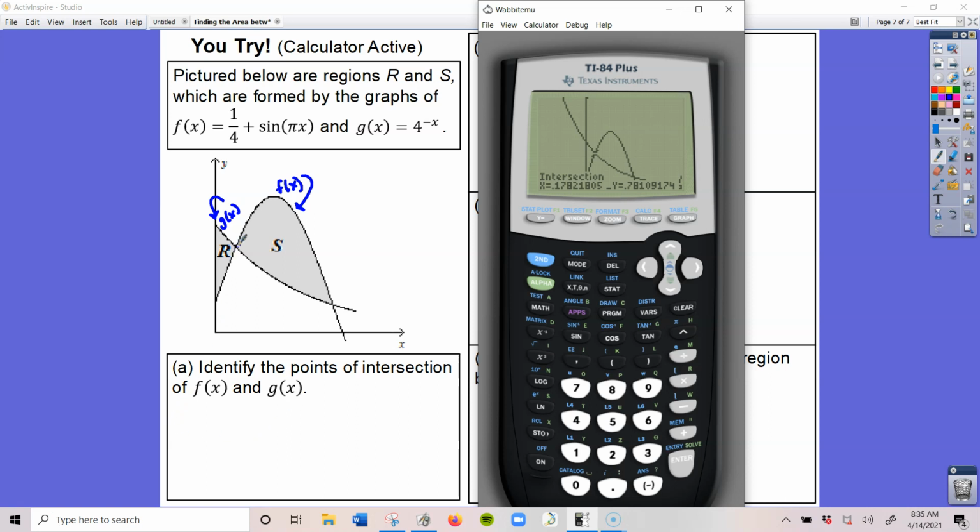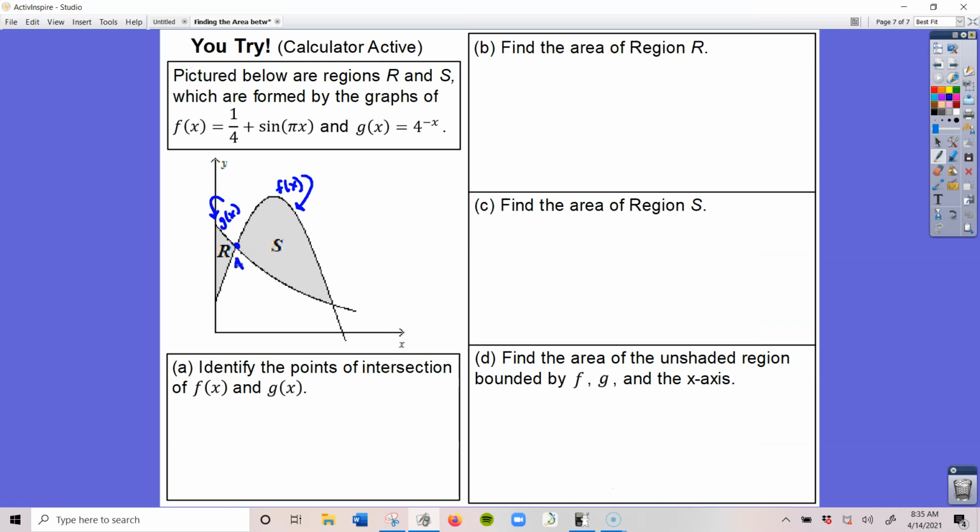So I'm going to call this point here point A. So A is 0.1782 and 0.7810.